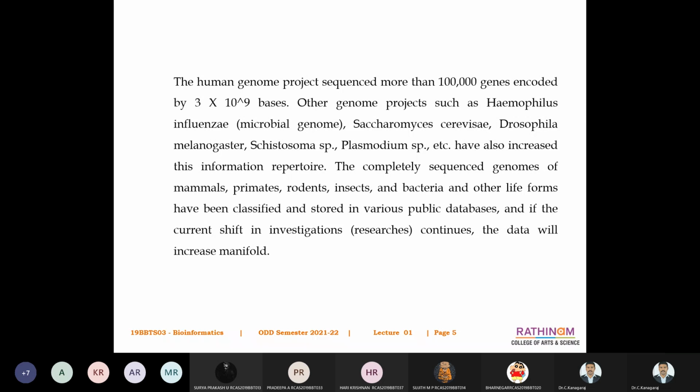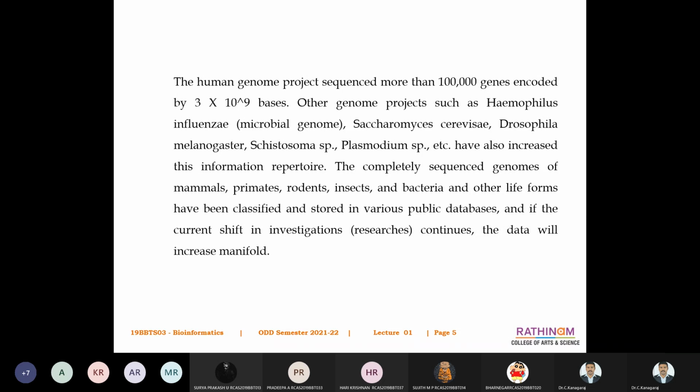So the Human Genome Project sequenced more than 1 lakh genes, encoded in about 3 x 10⁻⁹ bases. Okay. The other genomes, Haemophilus influenzae, Saccharomyces cerevisiae, Drosophila, Plasmodium, have also increased the information from our web pages.